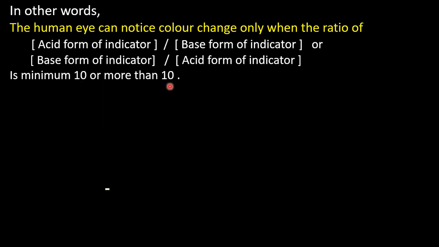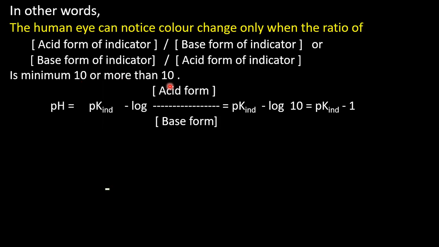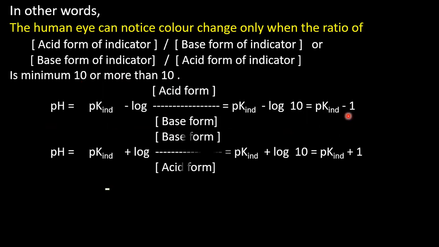So if I put this value in the equation, pH is equal to pK indicator minus log of acid form upon base form, and the ratio is minimum 10, then I will get pH equal to pK indicator minus 1. Or, if the base form upon acid form is 10, I will get plus 1.